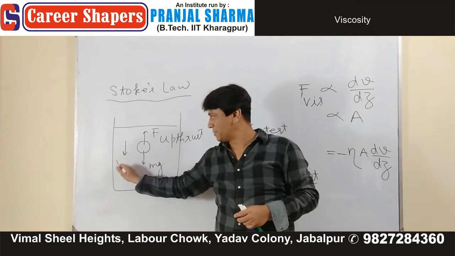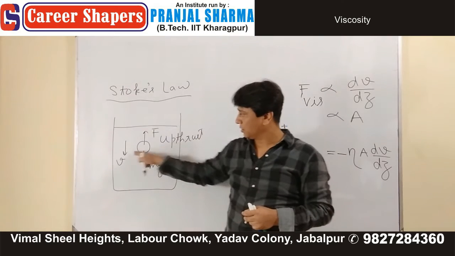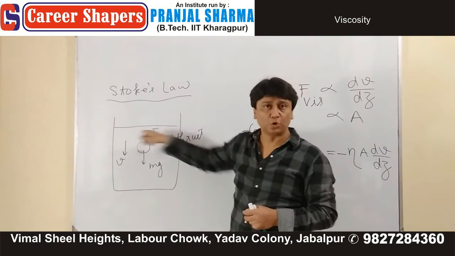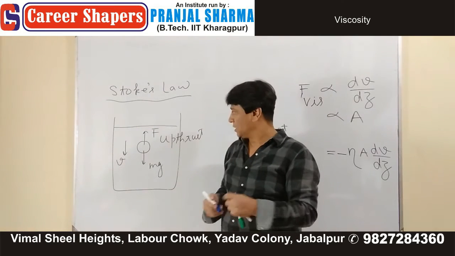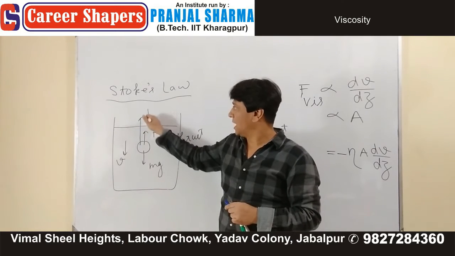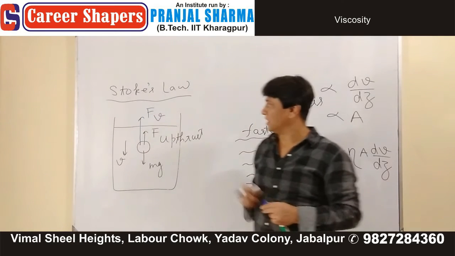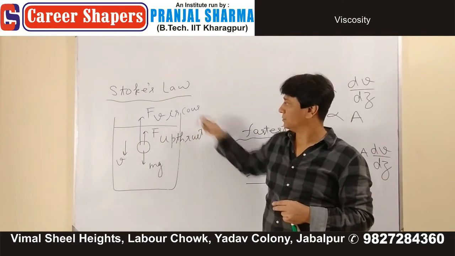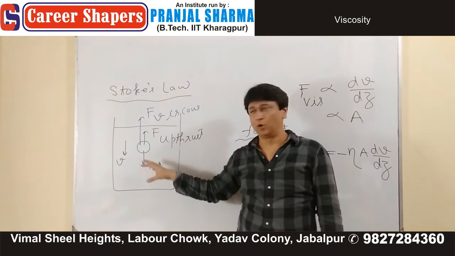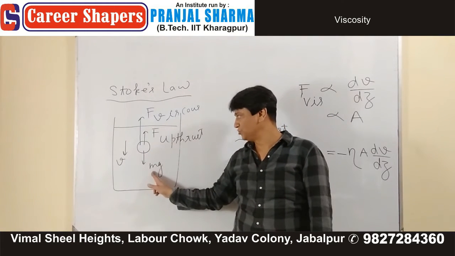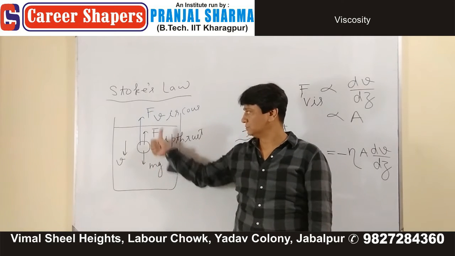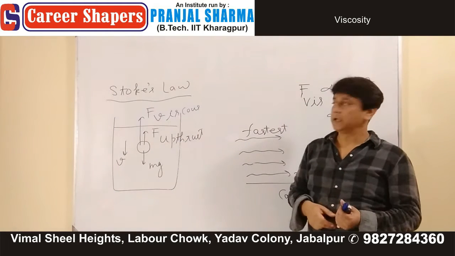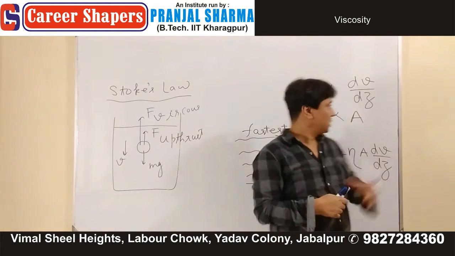And since it is coming down with V, all the liquid which is present by the side is rubbing against those layers, and therefore it also has an additional force of Fv. This v is for viscous force. So when you drop something inside water, there are three forces acting: mg, upthrust, and the viscous force. This viscous force depends on what?